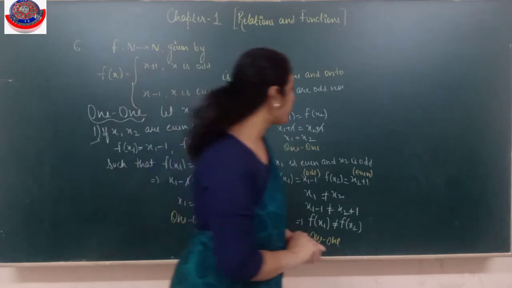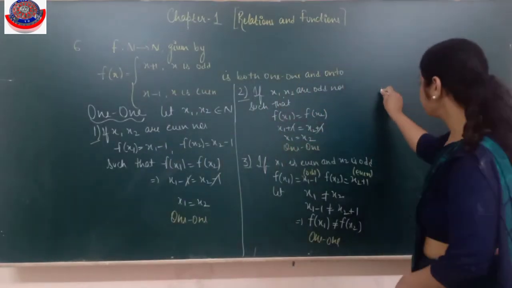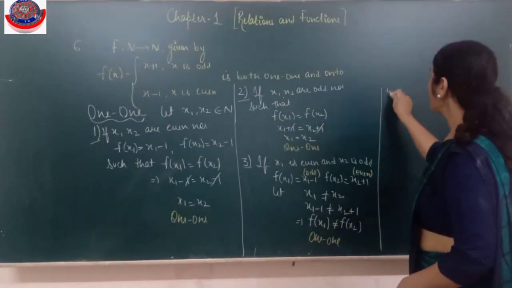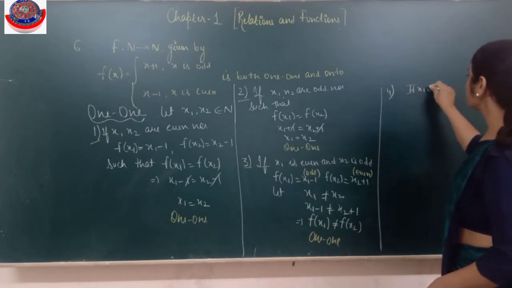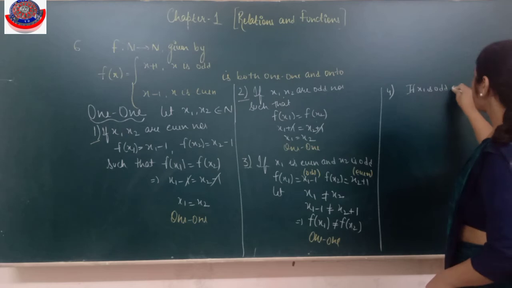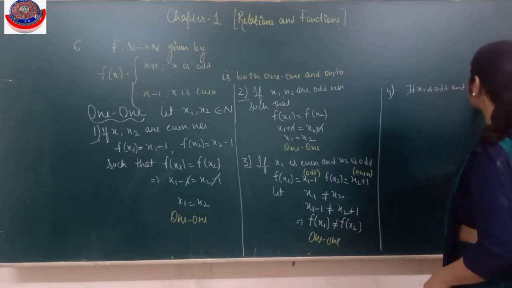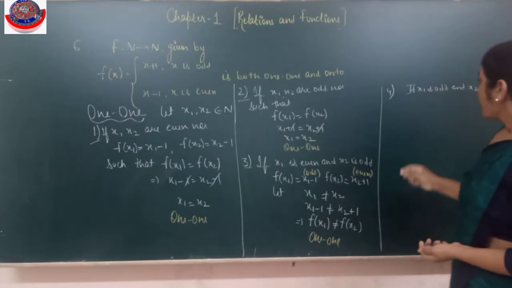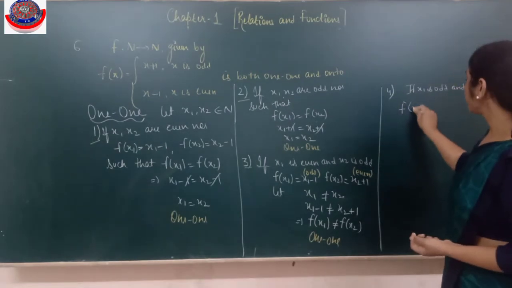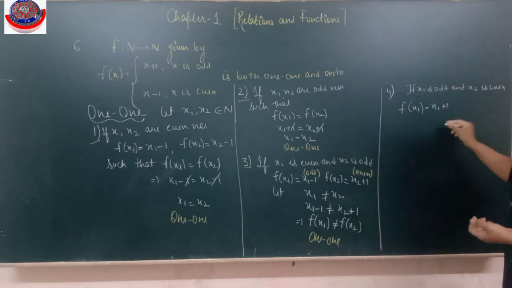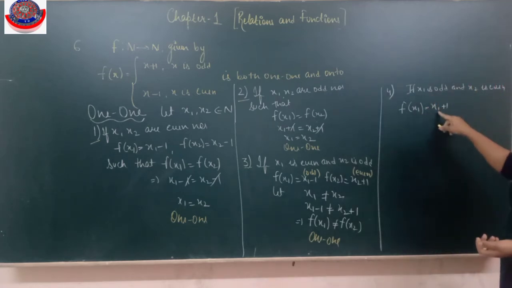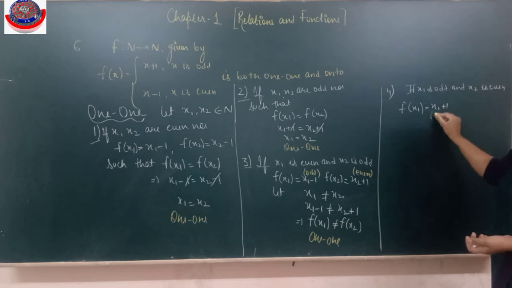Again I'll explain the fourth part, so that the thing will be clearer. The fourth part would be if x1 is odd and x2 is even, then it will be clear. Now see to it. f of x1 will be what? Odd function. So it will be x1 plus 1. x1 odd था, अगर x1 में 1 ऐड कर दिया जाए तो ये क्या बन गया?